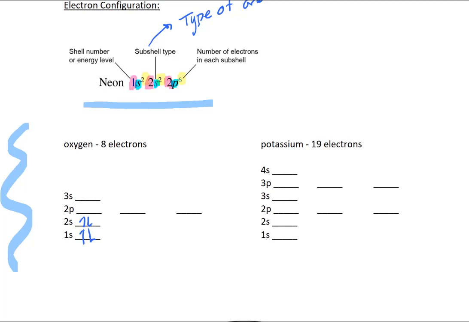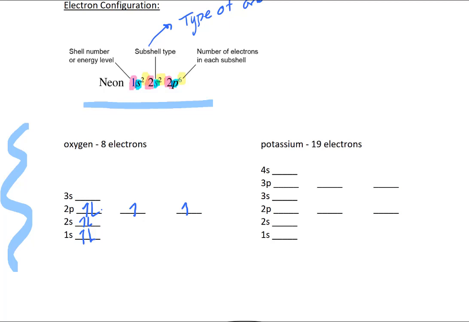We call that spins paired. Then once you get to the 2p, where you have 3 degenerate orbitals, called degenerate means the same energy, we half fill each of them, and then we come back and pair if needed. So oxygen has 8 electrons, and here I have drawn 8 electrons.